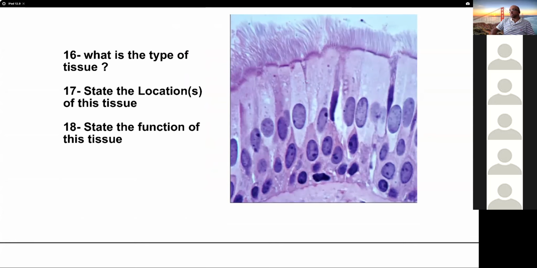It looks as if I have many cell layers, but when I look at the apical cells, they are huge. So can this be stratified columnar? Do we have something called stratified columnar?